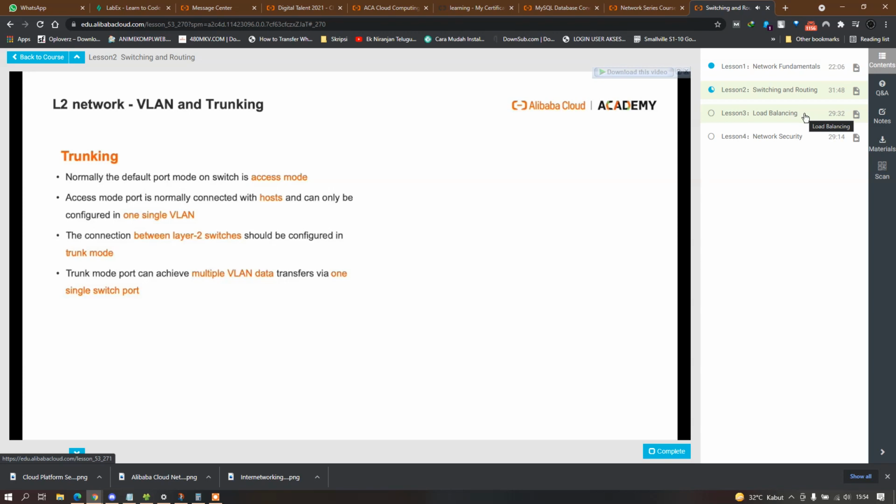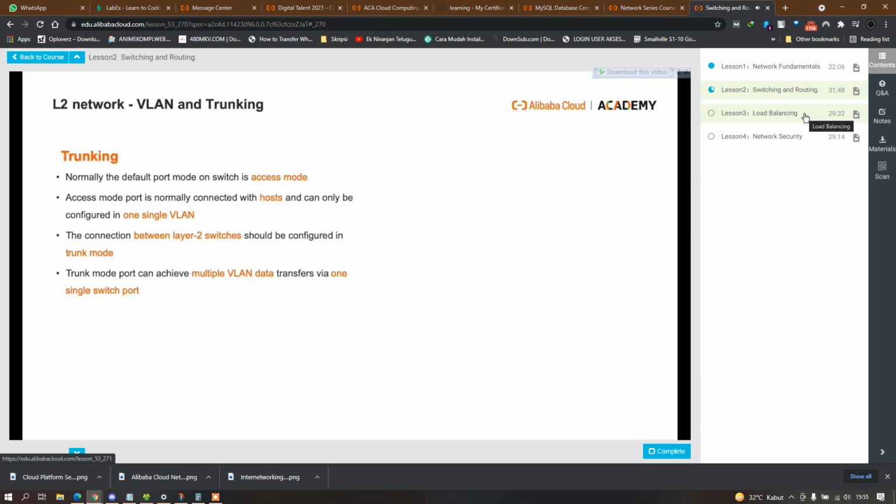But there are some special scenarios. For example, if you want to interconnect two switches, and on each switch you have configured 3 VLANs, and you are using access mode ports, you should use 3 ports to do the interconnection. If you have more VLANs, you will have to use more cables. Each port is responsible for 1 VLAN.